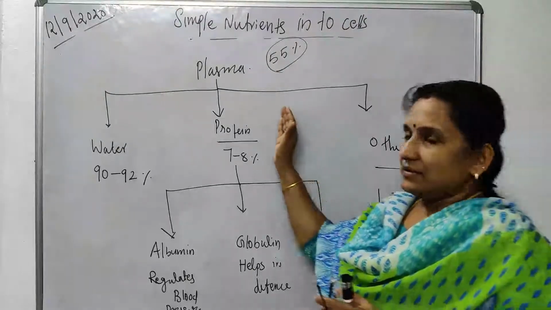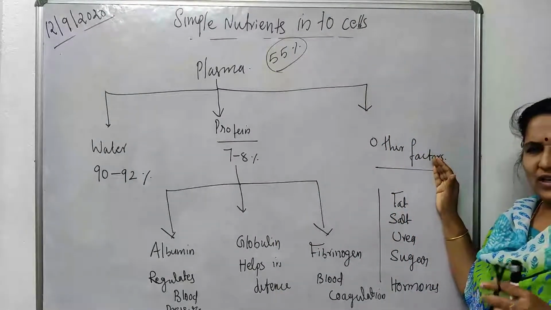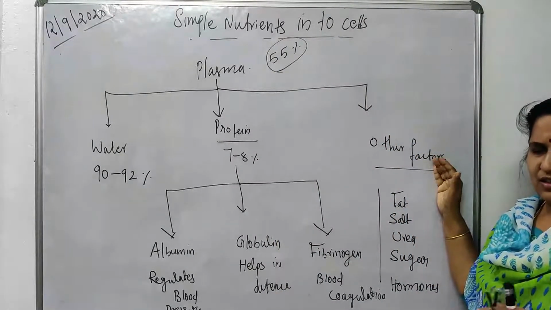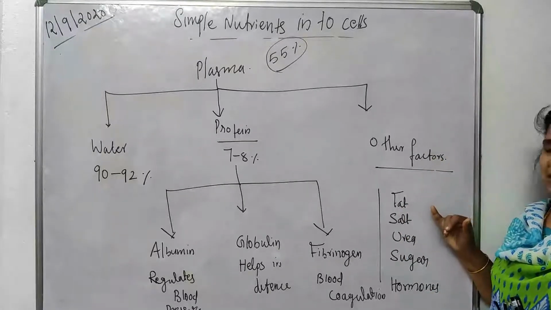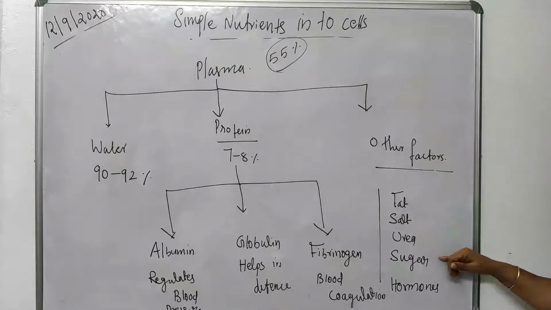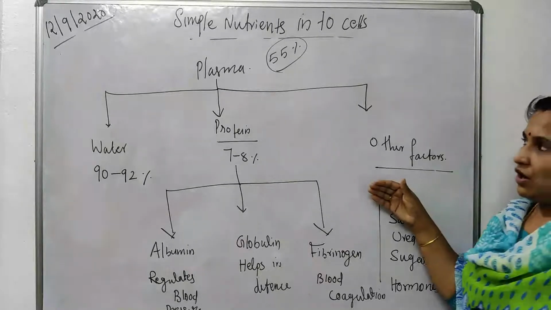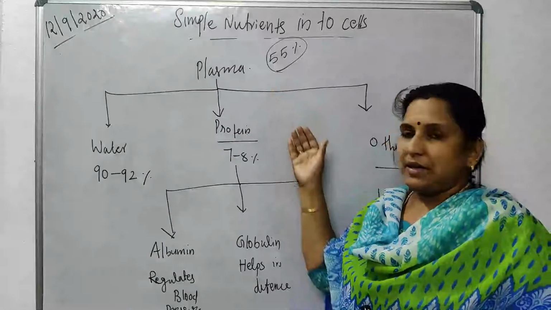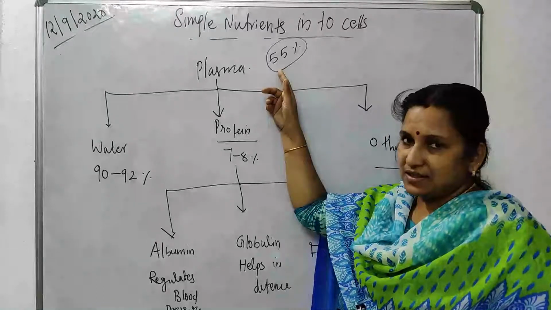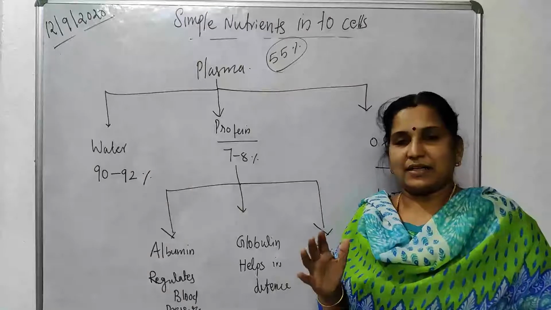Then the remaining percentage is other factors. What all things are present in these factors? It includes fat, salt, urea, sugar, hormones, etc. So the components of blood consist of plasma and blood cells. 55% is plasma and the remaining 45% consists of blood cells.